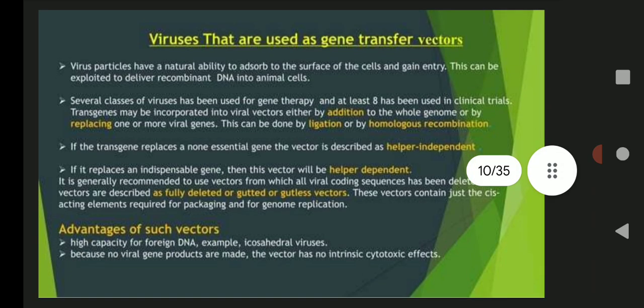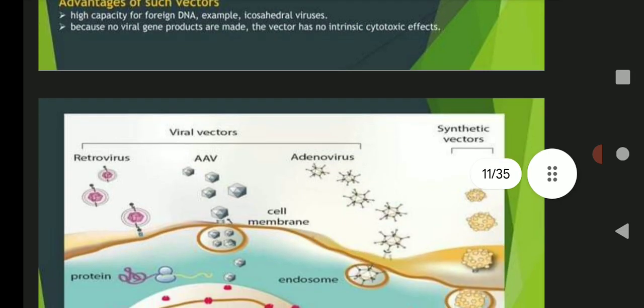So the advantage is the high carrying capacity of DNA, and since no virulence genes are present, the virus will not have any cytotoxic effect, nor will it produce any disease at all.